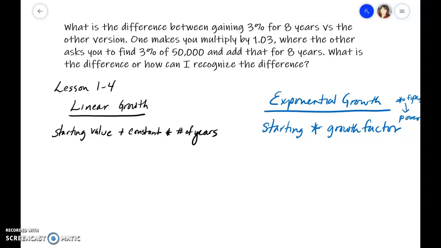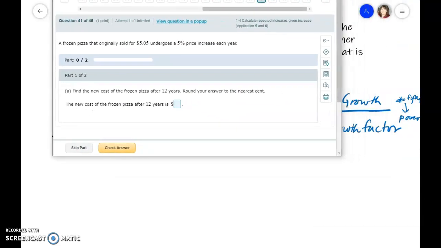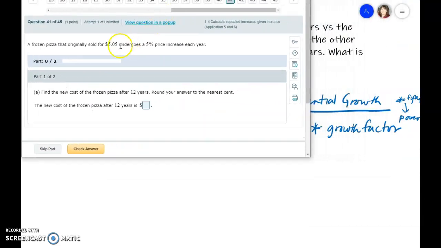Because this isn't the full question here, I'm going to pull over a question that shows this example. I have this question from Connect Math, from lesson 1-4. It says that a frozen pizza that originally sold for $5.05 undergoes a 5% increase each year.